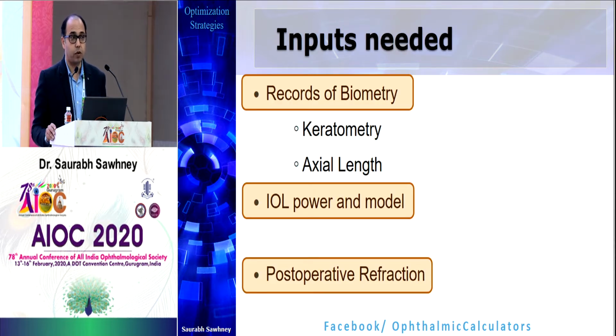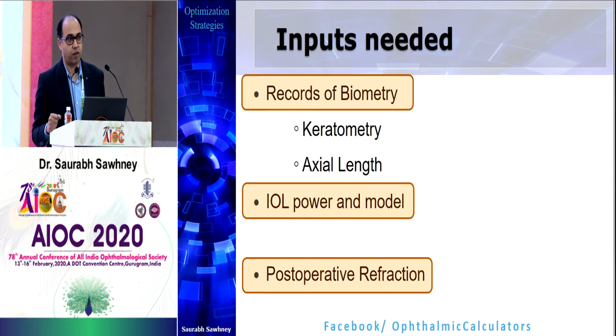What are the inputs that you need in order to optimize? There are a couple of factors that you must maintain records for. You need to have the keratometry and the axial length that you have measured. So don't just throw it away, keep a record. You need to know what IOL power you have implanted in a given patient and what model was used. The model is important because you need to optimize separately for each model. You also need to know what the post-op refraction is, and this should be a stable refraction.